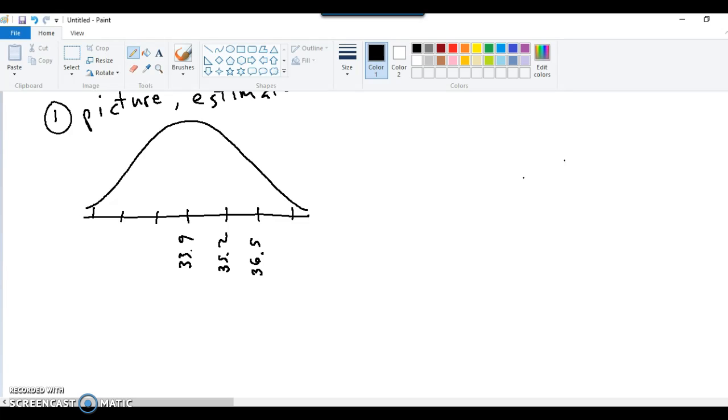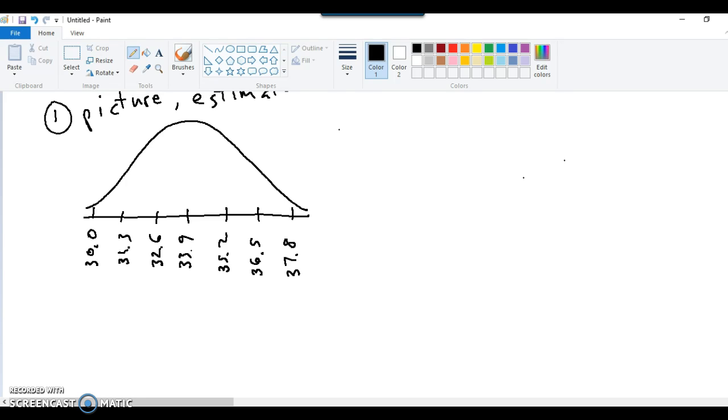Yeah, and then plus another 1.3 would be 37.8. Now going down, 33.9 minus 1.3 is 32.6, minus 1.3 is 31.3, minus 1.3 is 30.0.